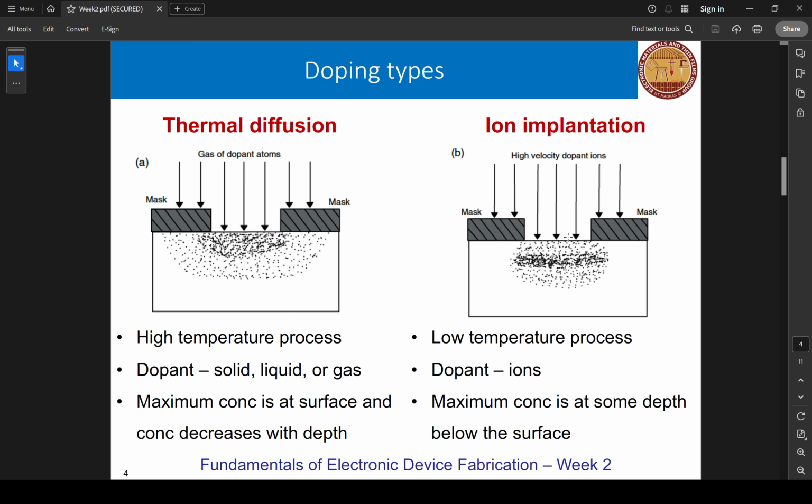The energy they lose through the oxide will be higher for our n-type dopants. So when they enter the wafer, they already have much lower energy, hence they stay near the surface.